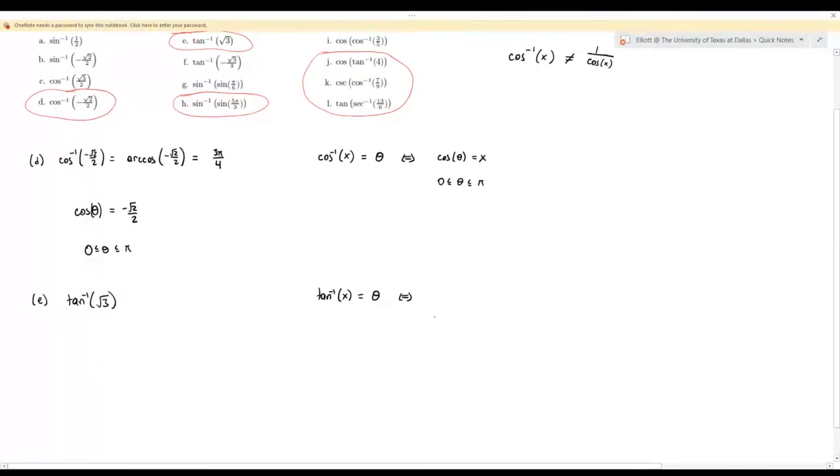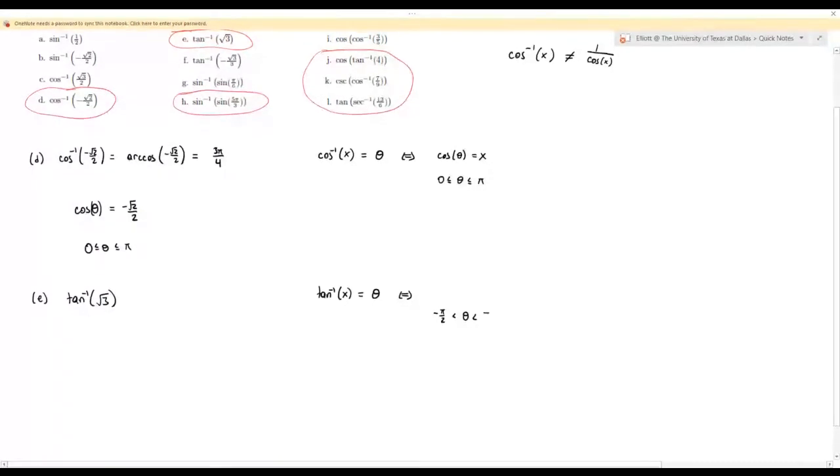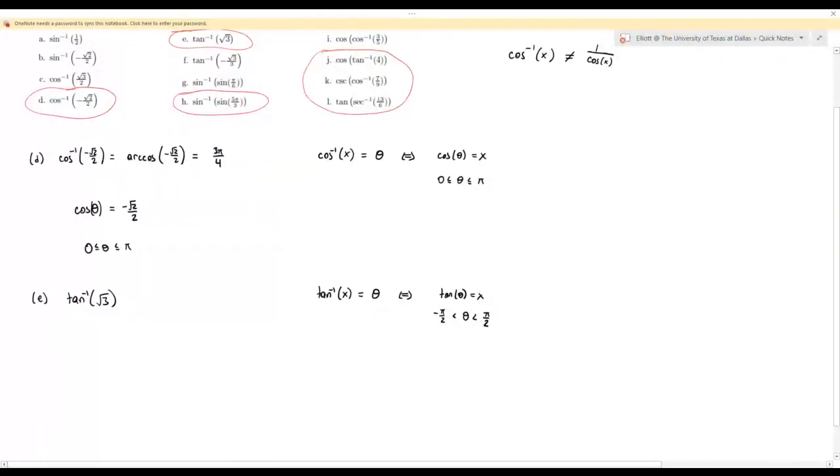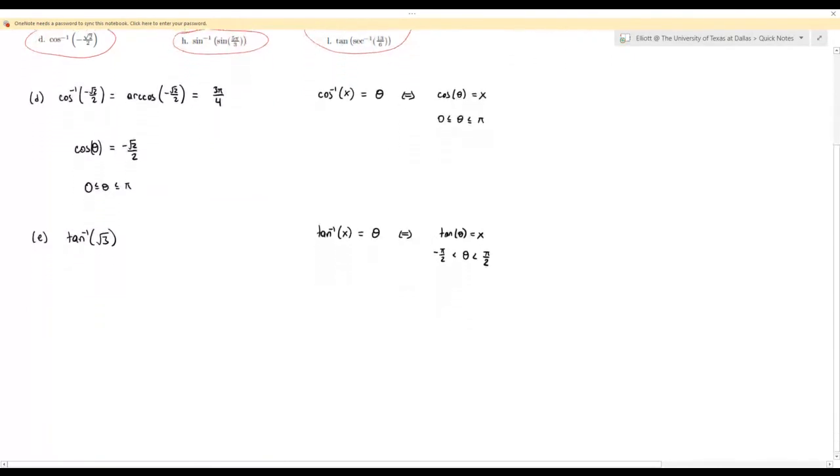The angle has to be in the range from minus pi over 2 to pi over 2 for the inverse tangent. And likewise, when you say tan inverse of x equals theta, that's the same as saying tangent of theta is equal to x, okay? Again, it's like moving the tangent to the other side of the tangent inverse, but it becomes an ordinary tangent when you move it over.